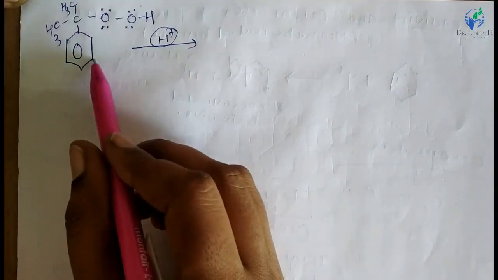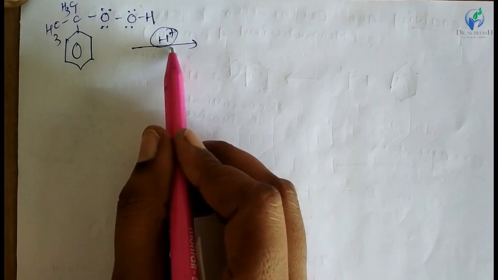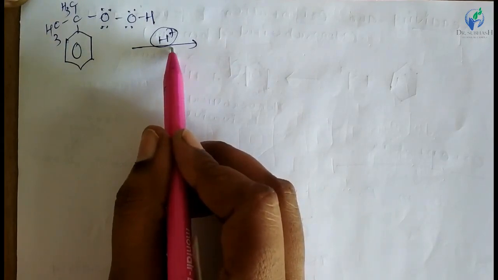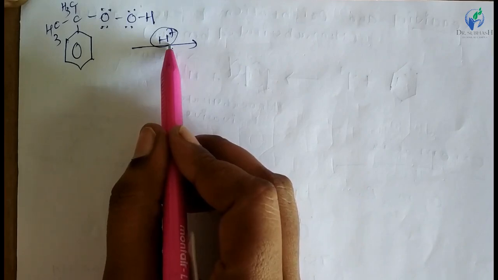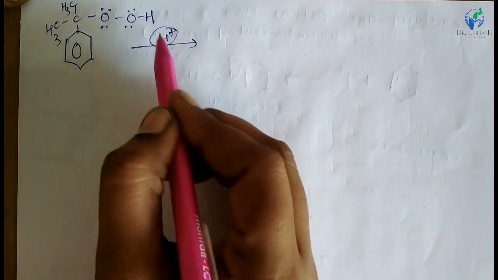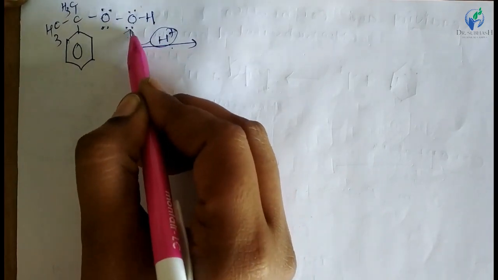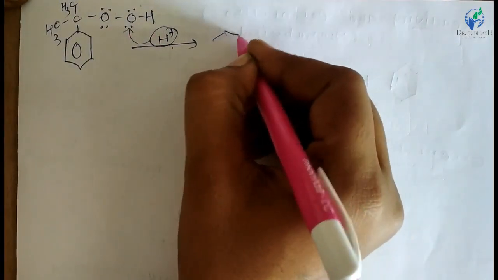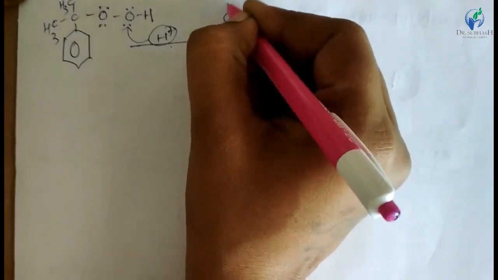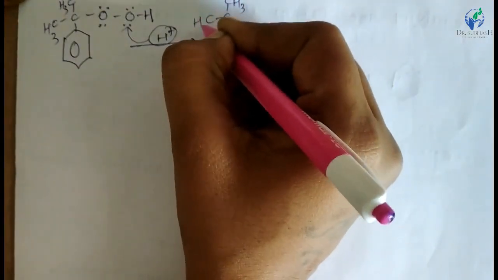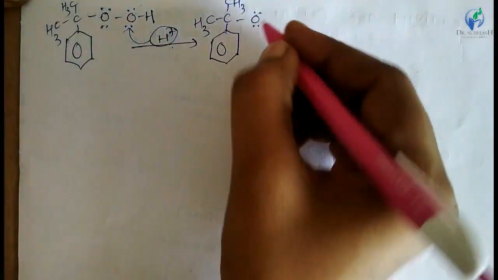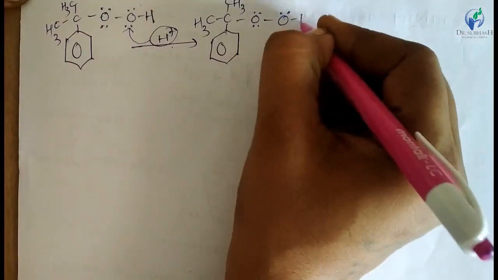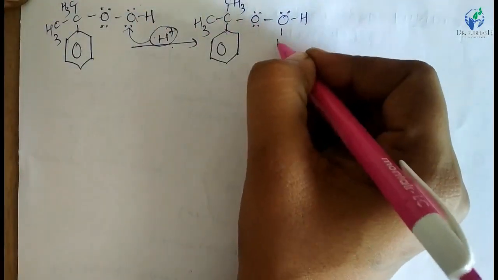H plus comes from the acid, because hydrolysis is carried out in the presence of acid. So the acid provides the proton, H plus ion, and it gets attached to this oxygen atom and forms an intermediate. The other part remains as such; only this oxygen attaches with the hydrogen.